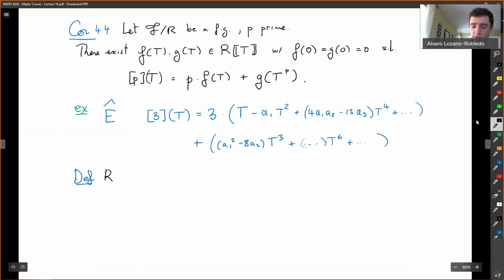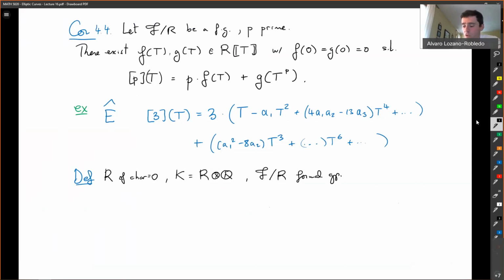Suppose R is of characteristic 0 now, and let K be the ring of functions, for example R tensor Q, and F over R a formal group. Let the invariant differential be omega of t, normalized, which I'm going to write as 1 plus c1 t plus c2 t squared plus dot dot dt.